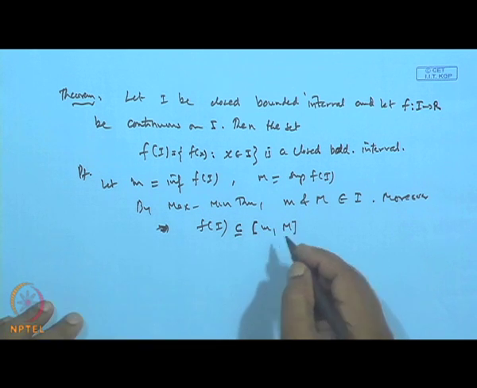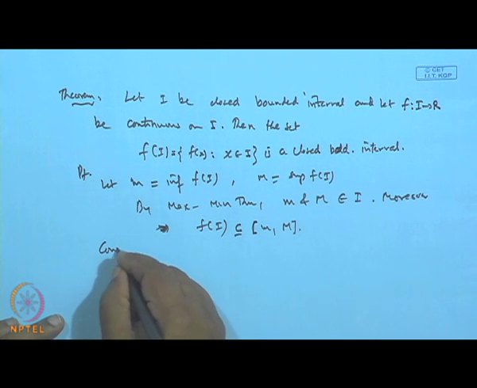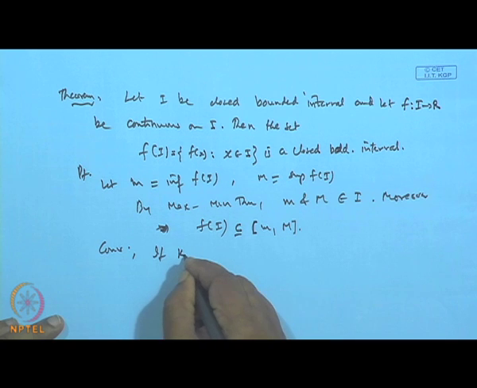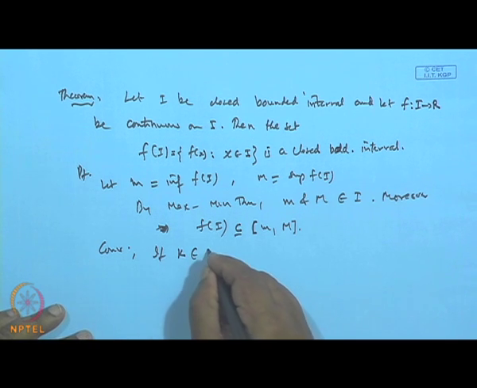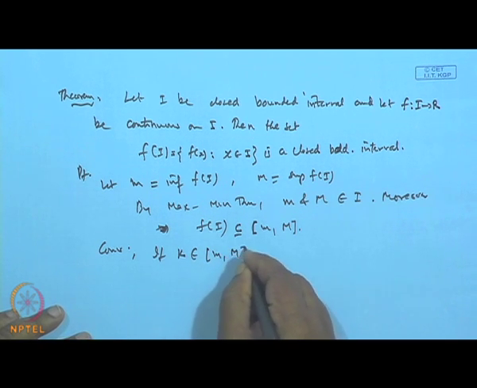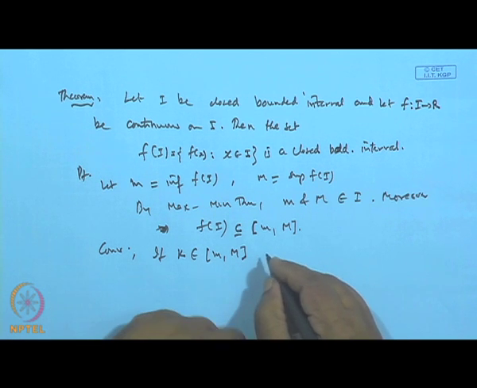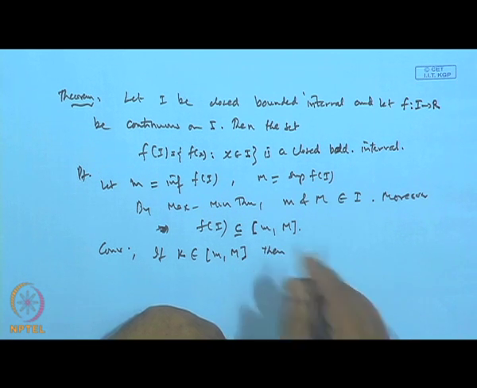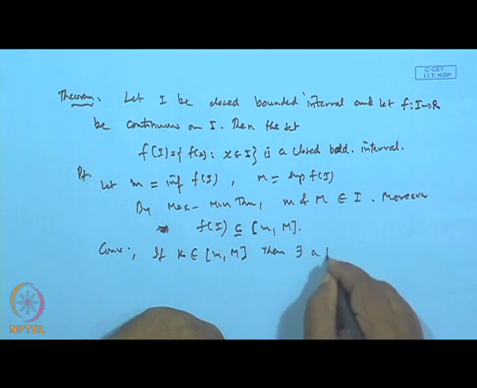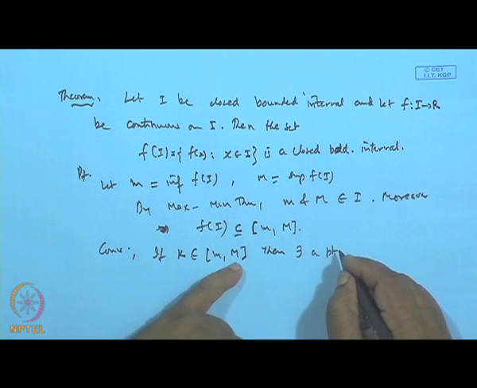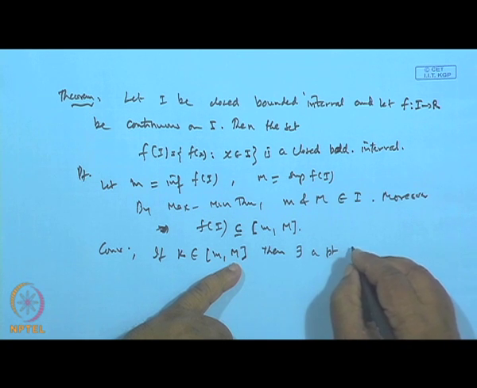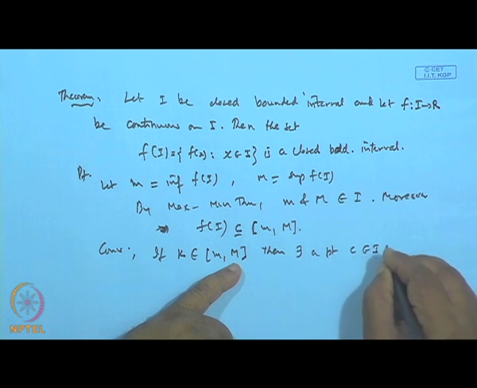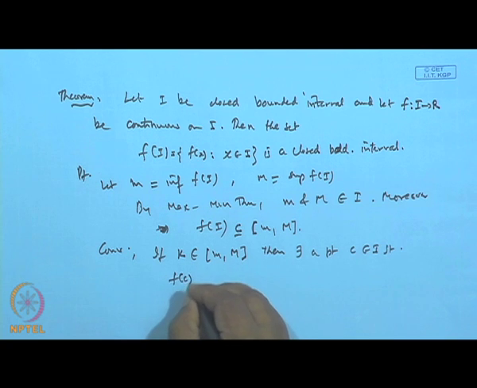Conversely, if k is any point belonging to this interval, that is, k is any value in between m and capital M, then there exists a point C in I such that the value of the function at C coincides with k.